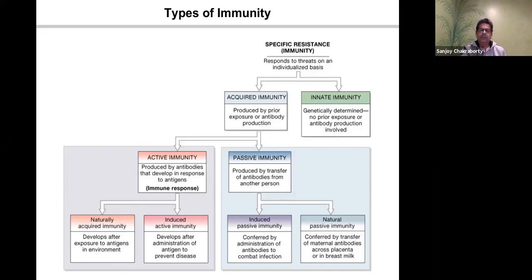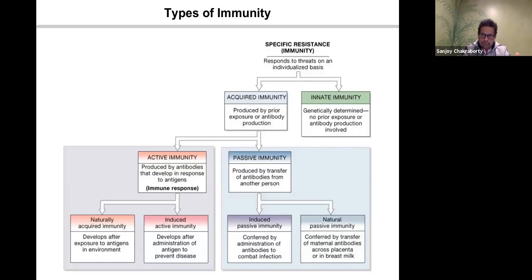They administer a little bit of exposure: attenuated virus or bacteria, genetically made bacteria, or heat-killed bacteria or virus. If they inject it, your body will think that's an antigen, and your body will develop a lot of antibody to prevent any kind of homeostasis imbalance.